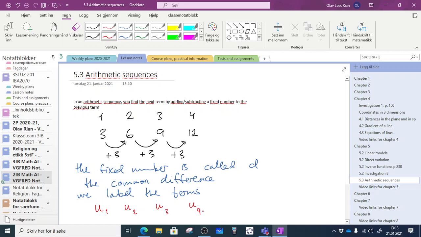Now, any given term can be written as Un, where n is the index or the identifier for the term. So this term will be the nth term. We could look at some examples.